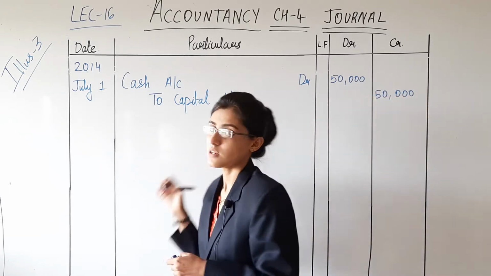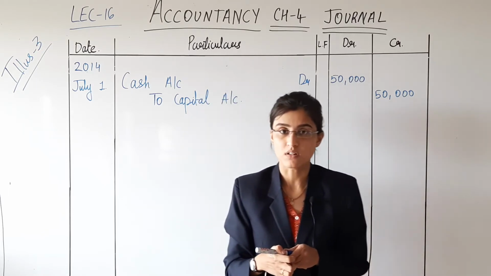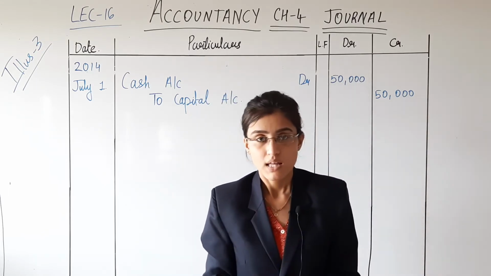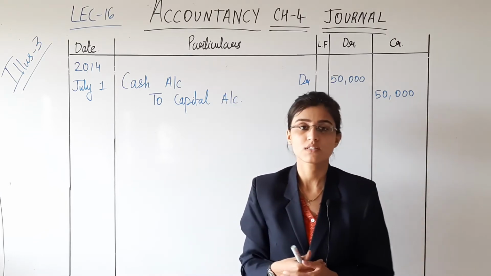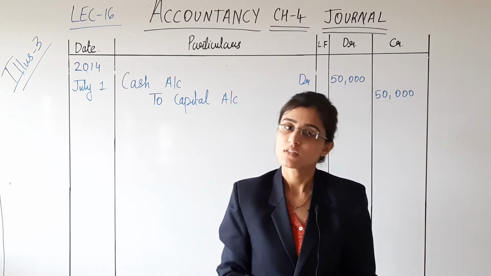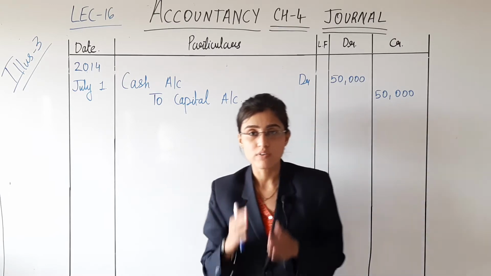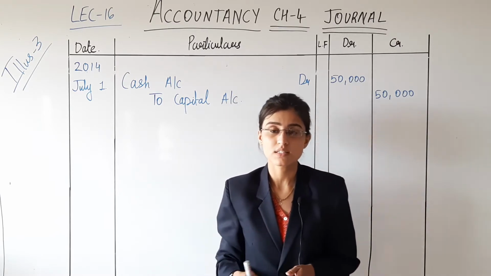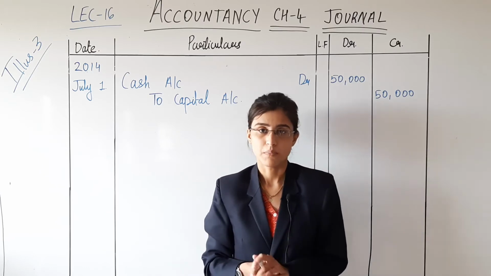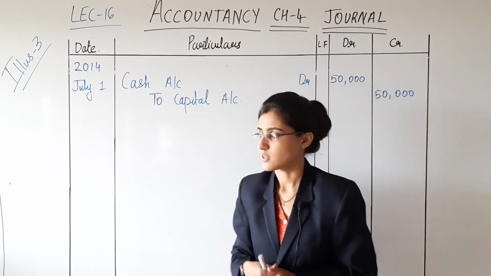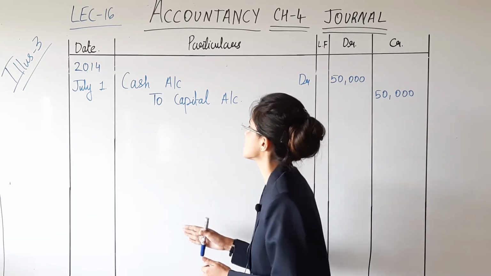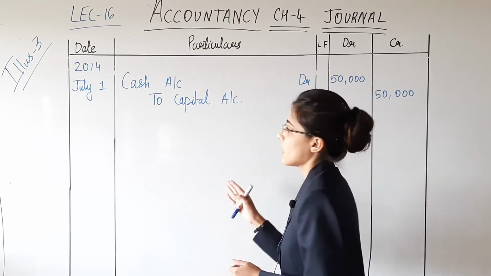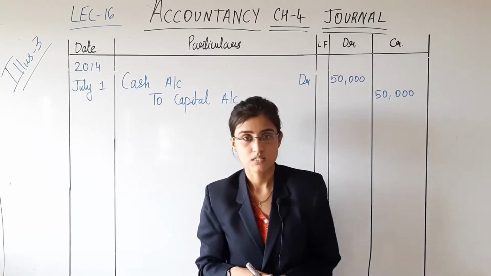Now, if we are talking about capital, the balance of capital is always credit. Drawings is always debited. Capital is always having credit balance and drawings is always having debit balance.